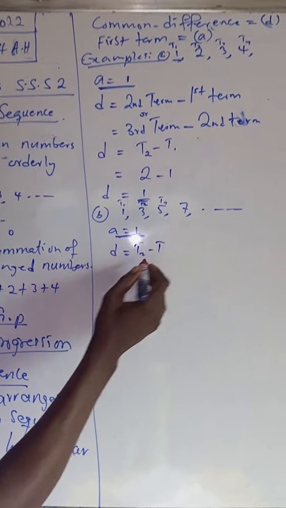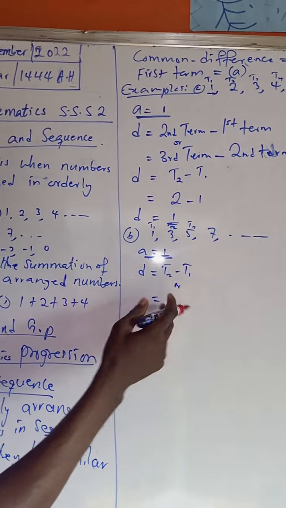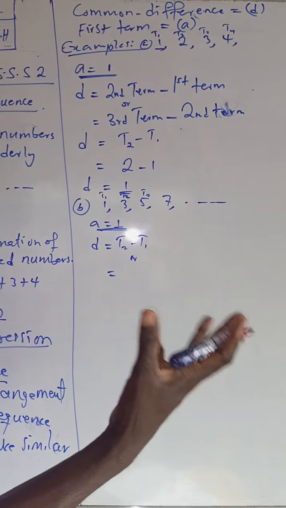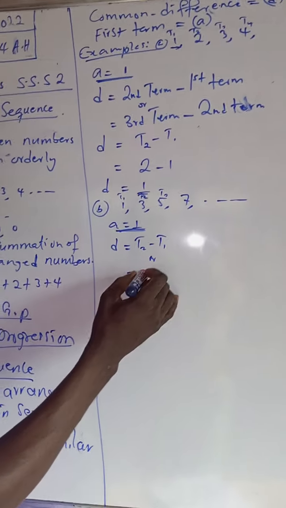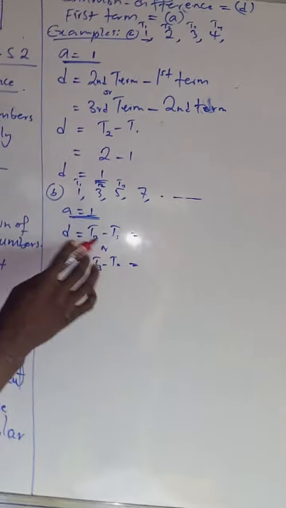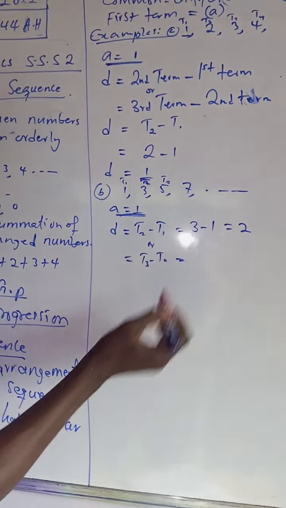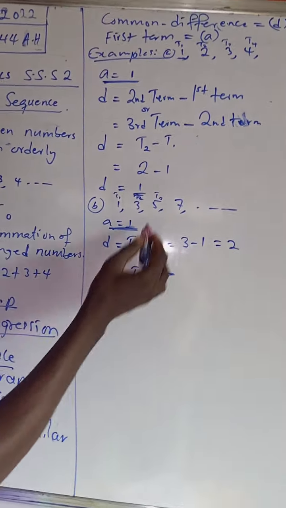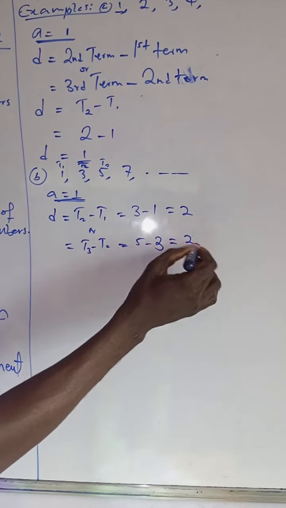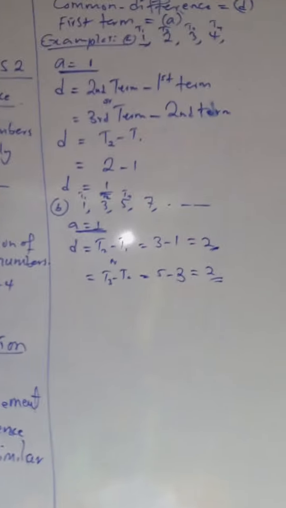Second term minus first term is 3 minus 1, which gives 2. The third term, 5, minus the second term, 3, is also 2. So when they are the same like this, that is what I call the common difference.